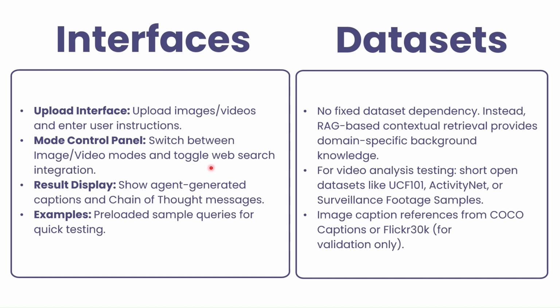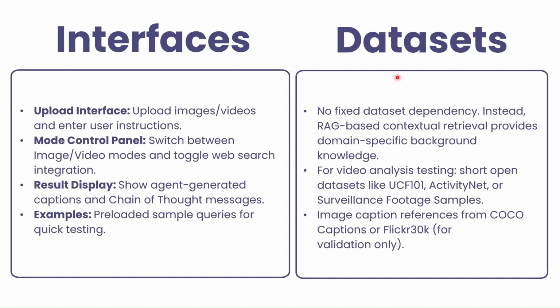That is, they can generate the professional instruction using the Google searches and Google Lens searches, or they can simply use just LLM for the professional instruction generation. Then for the result display, we can finally show the agent generated caption and the chain of thought messages throughout that process. And also we have preloaded sample queries if you want to quickly test the project.